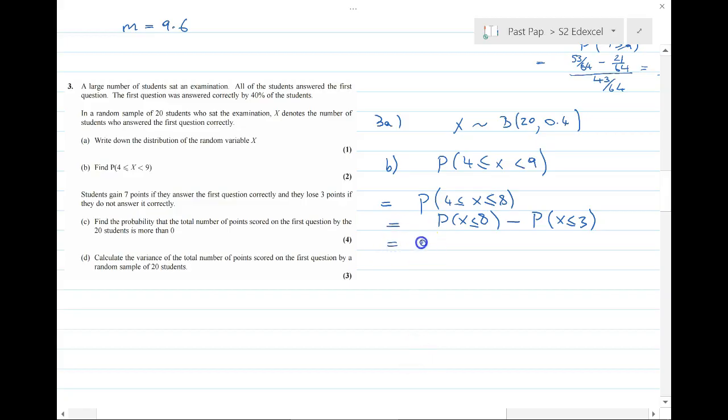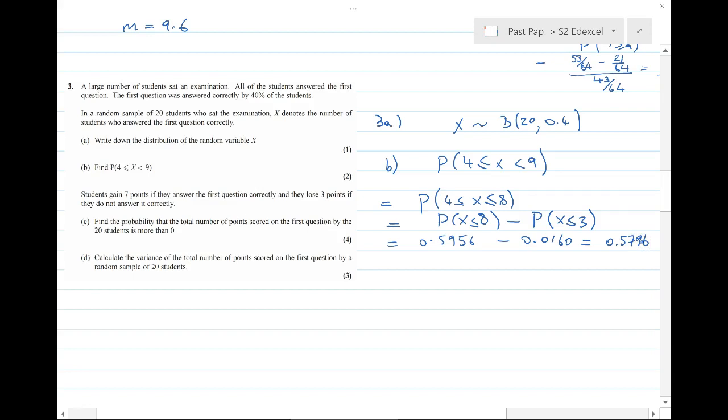So 0.5956 minus 0.0160, and that comes to a final answer of 0.5796. There we go. Part B.